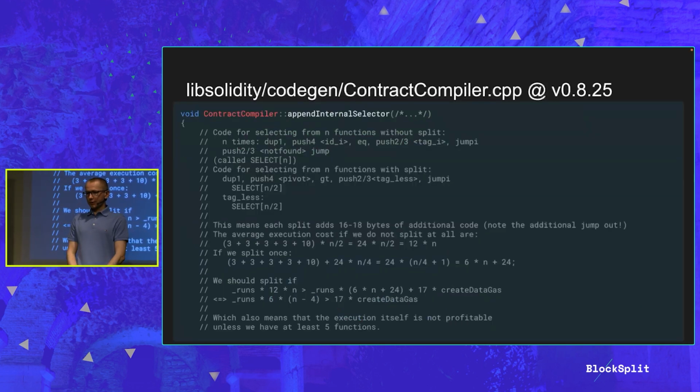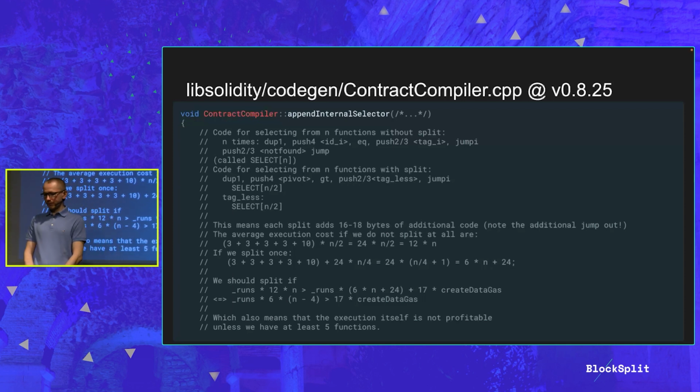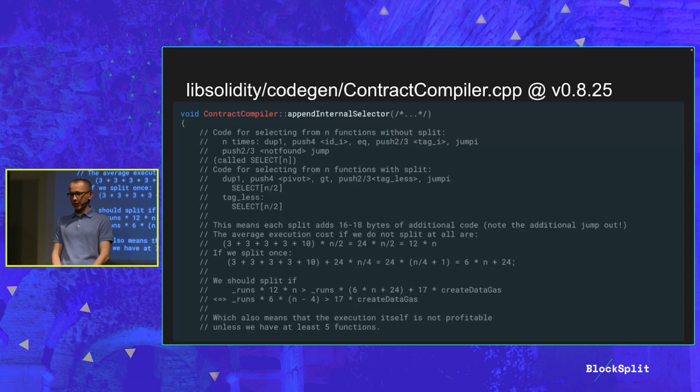So first, what I did was take a look at the Solidity compiler's C++ implementation and find the append internal selector function, which has a lot of good comments on how Solidity compilers decide how to generate code to understand which function the user wants to call.